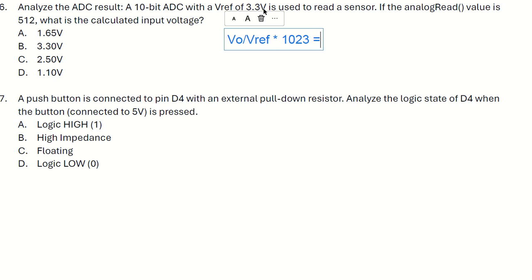Okay, how to get this 1023? So basically you need to use 2 to the power 10. So basically it's 1024. It's not 1023. Okay, because it starts from 0, so basically we should use 1024.